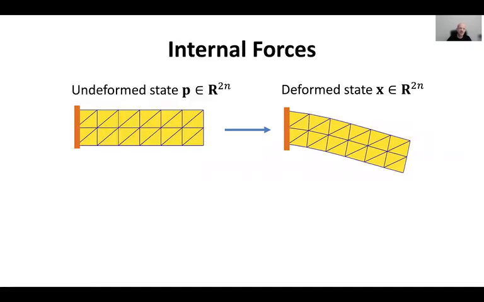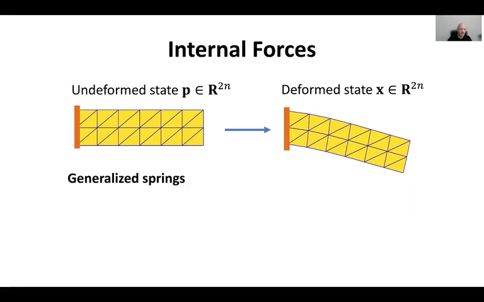So to that end, we'll start by first making things a little bit more concrete. We'll talk about how to compute the internal forces. And here, the goal is really not to be very sophisticated, but more to just have a simple model that'll be sufficiently meaningful for us to see how differentiable simulation works.